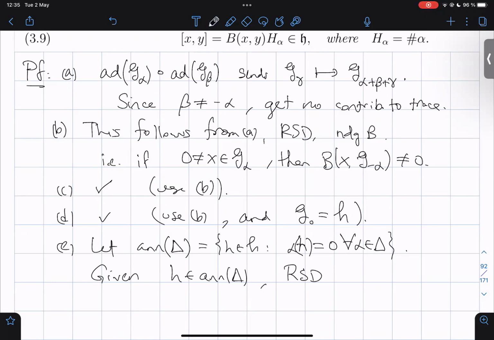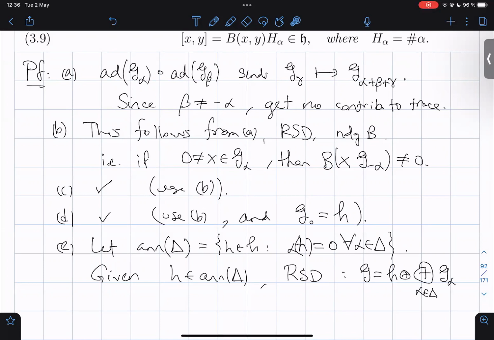Okay, but remember the root space decomposition says that G decomposes into H plus all these root spaces. If I bracket an H with these guys, that's 0.